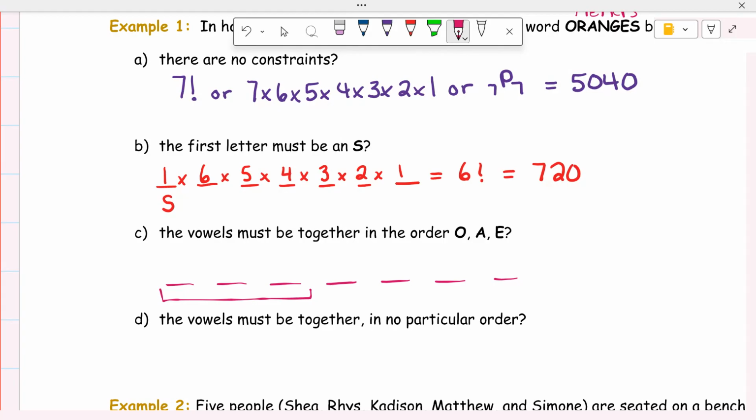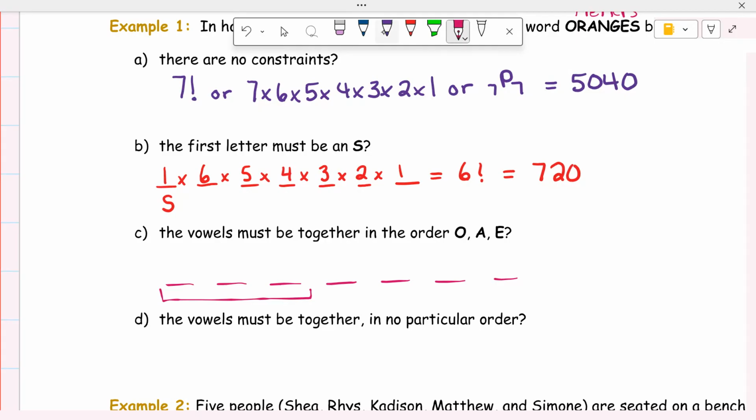Basically, the way I do these questions is I do one case, and then I times by how many positions those vowels can move. That is the easiest. Does that make sense? That's why if they are together, I just start on the far left, because then it's easier to count the positions.